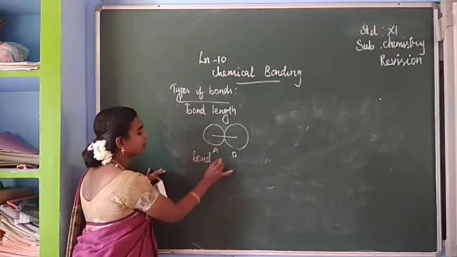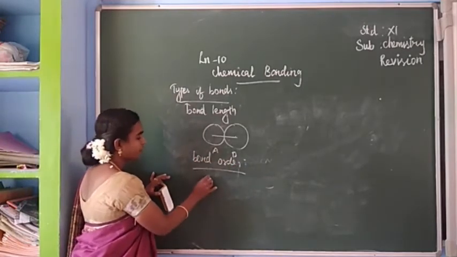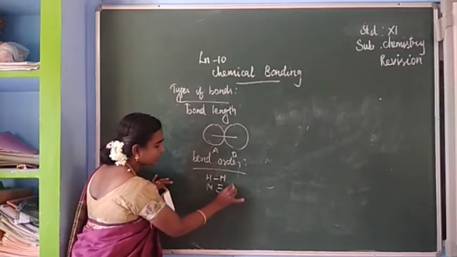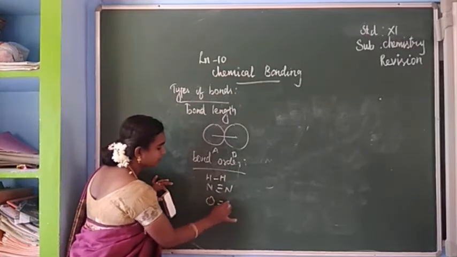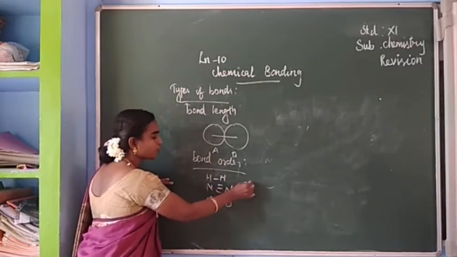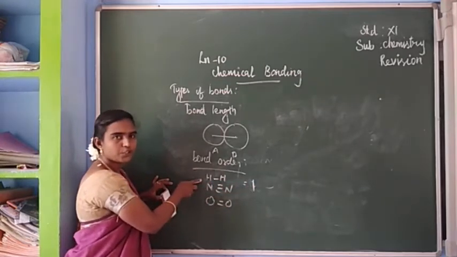For example, we can write hydrogen, nitrogen, oxygen. How many bonds are there between 2 hydrogen atoms? 1. So this is the bond order of the H2 molecule.